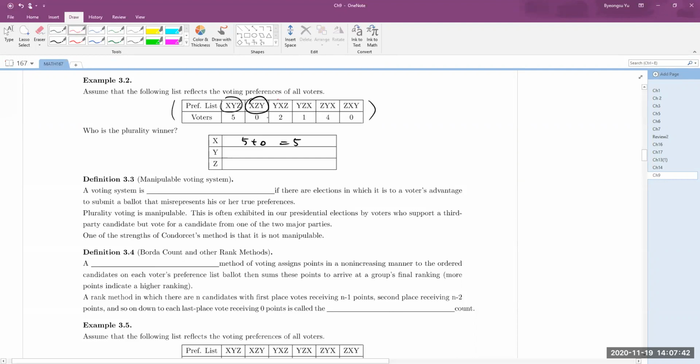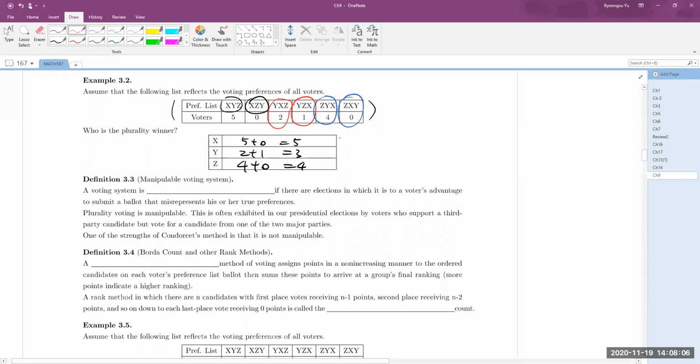And likewise, the voters who are in YXG or YGX think that Y is the best candidate. So this one should be 3. And voters in GYX or GXY also think that G is the best candidate here. So it should be 4.